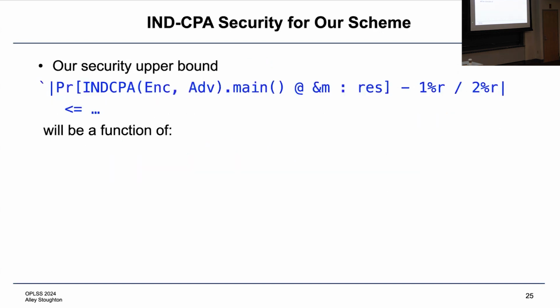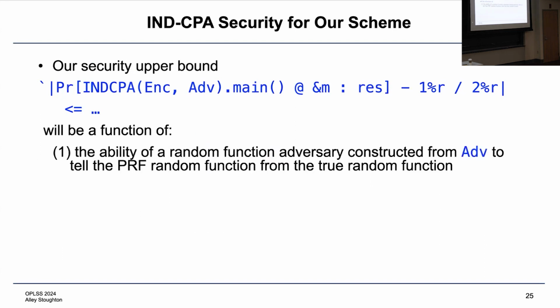Okay, so this just informs what we might expect the form of the theorem to be. So what's the upper bound going to be a function of? It's going to be a function of the ability of a random function adversary constructed from the real symmetric encryption adversary to differentiate between the PRF and the true random function.